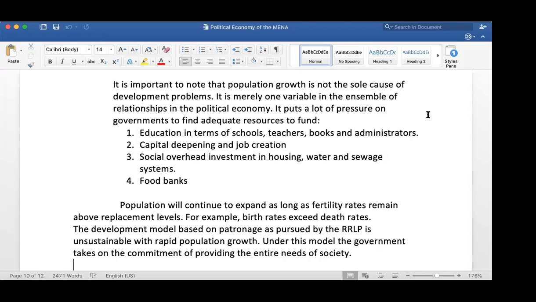So you want to make sure that most of your resources would go into the capital stock, replenishing the capital stock, would go to R&D, technological innovations, in order to increase the productivity of worker, and will go for human development purposes.